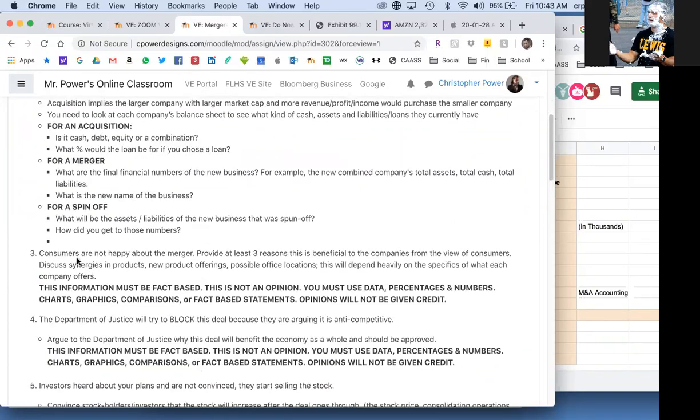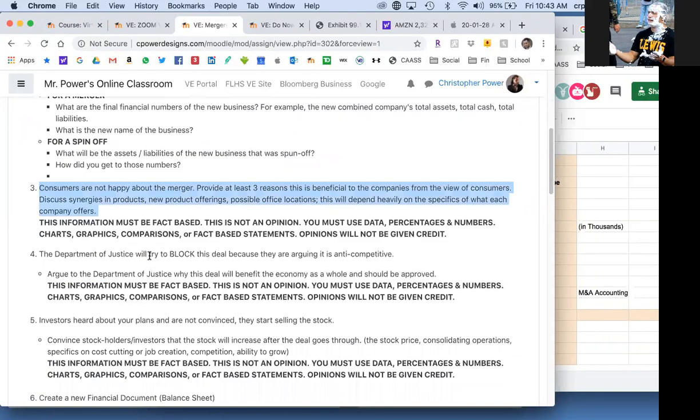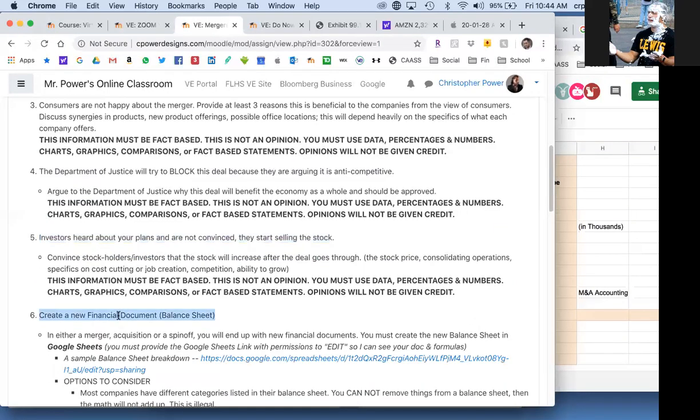And then understanding the consumer side, the Department of Justice trying to declare it anti-competitive, and investors trying to keep investors happy. That's a blend of everything I wanted to cover, and I wanted to get you thinking as business owners, and about the process of operating and balancing a balance sheet.